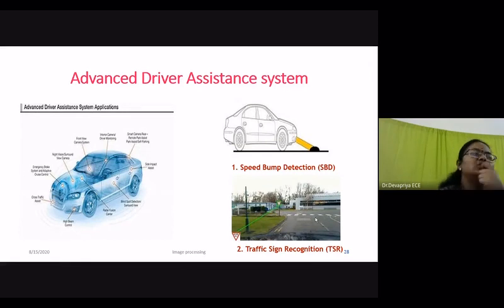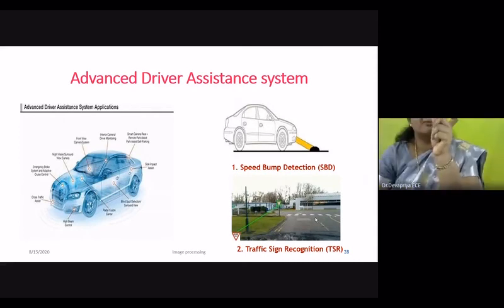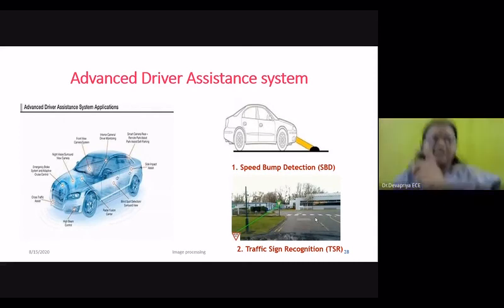How is it going to identify that there is a speed bump? We know as humans, when we notice a speed bump on the roadside, there is a pattern of alternating white and black. But in the case of a zebra crossing also, there will be a white and black pattern.